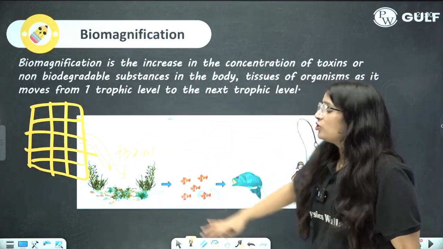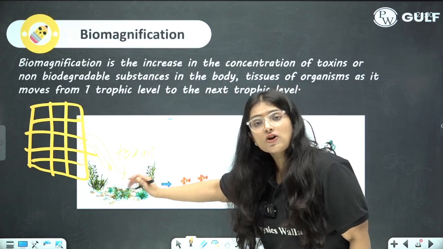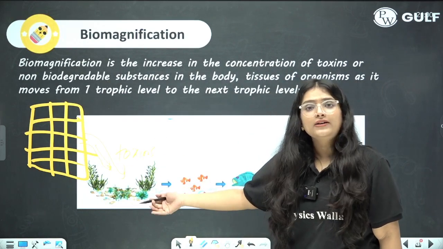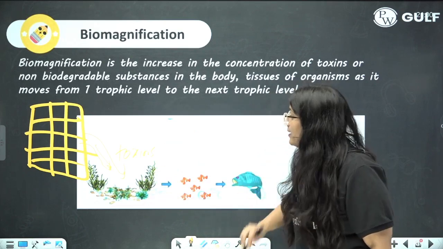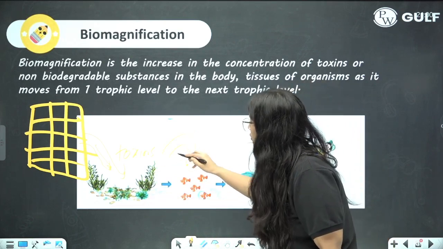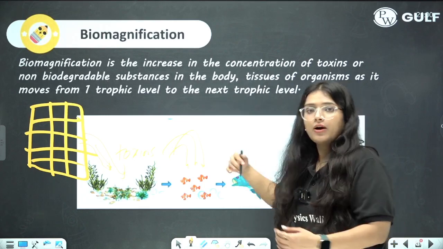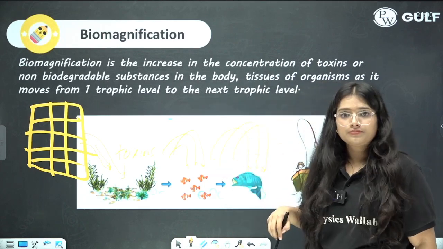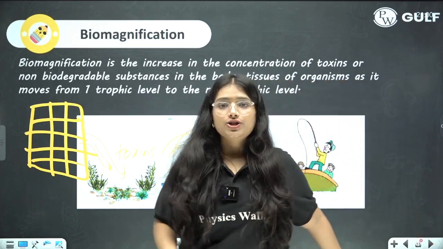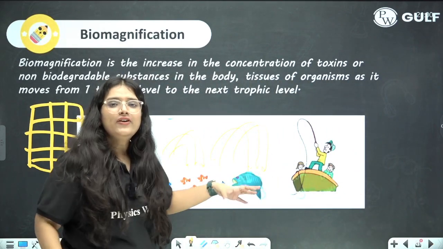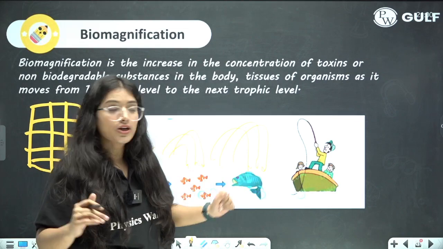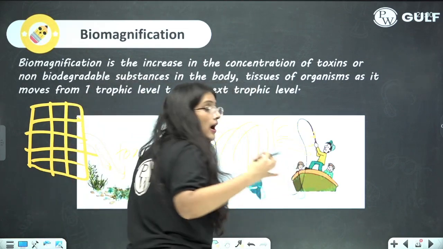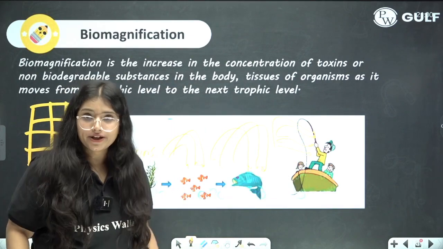Let's see. The zooplanktons and the phytoplanktons had these toxins. Now, when the small fishes ate these phytoplanktons and zooplanktons, what happened? The toxins got transferred to the small fishes. From the small fishes, they got transferred to the large fish. From the large fish, when we eat very tasty fishes, you will see that these toxins are admitted into our body.